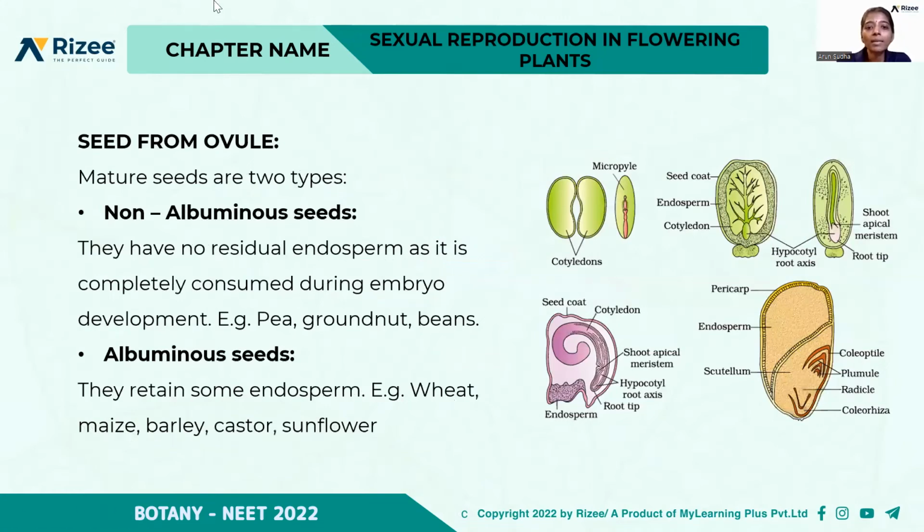If you take the seeds, there are 2 types of seeds. One is the non-albuminous seed and another one is the albuminous seed, right? The non-albuminous seeds are also called non-endospermic seeds or ex-albuminous seeds.